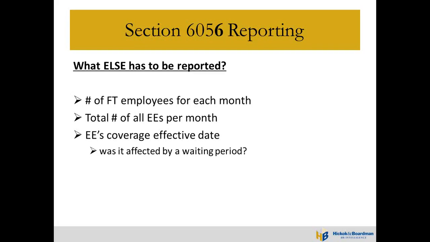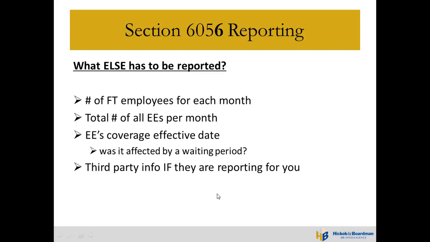You have to get them enrolled if they want the coverage within that 90 days. But the IRS also came out with this orientation period and said, well, if an employer has a waiting period or an orientation period, there can be an additional 30 days that's added to that, or actually in the forefront of that. So you have to know that. Did you have a waiting period of any number of days before the 90 days started counting?